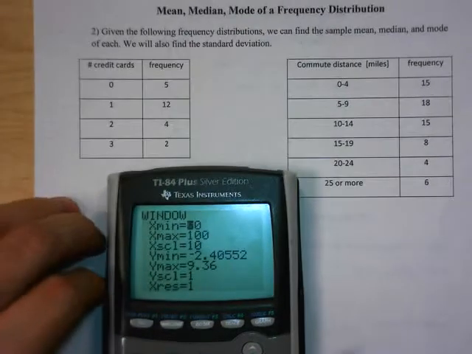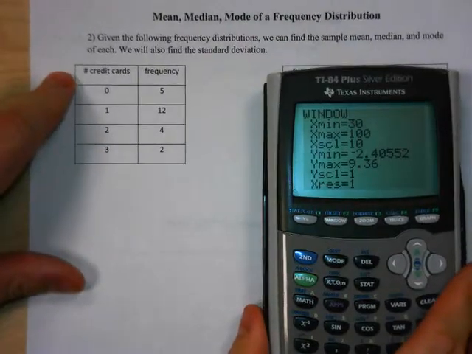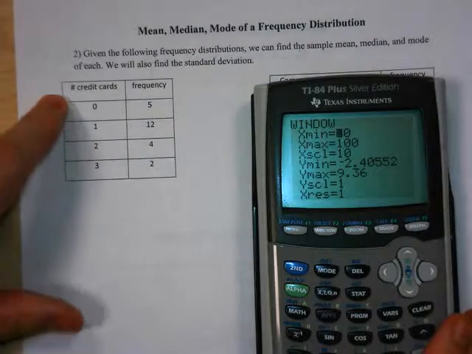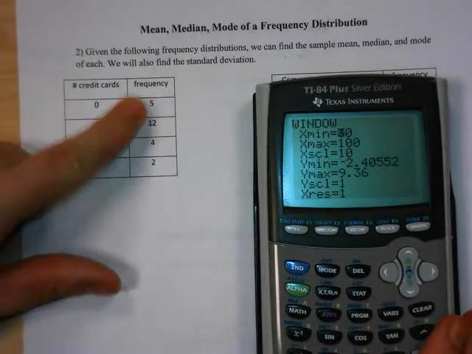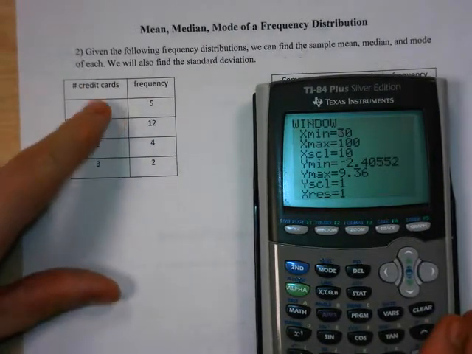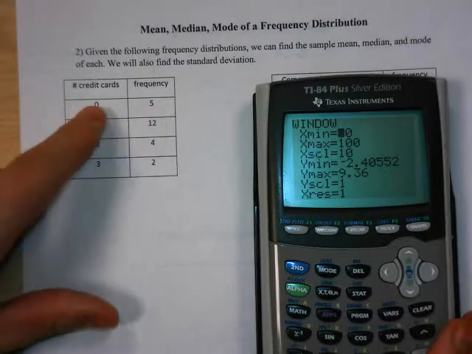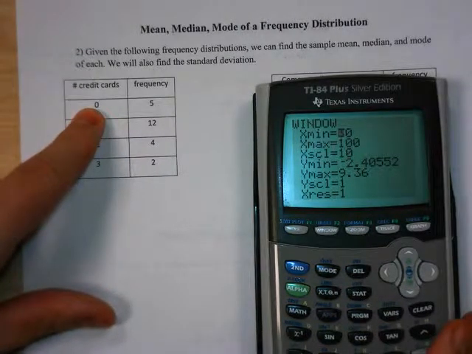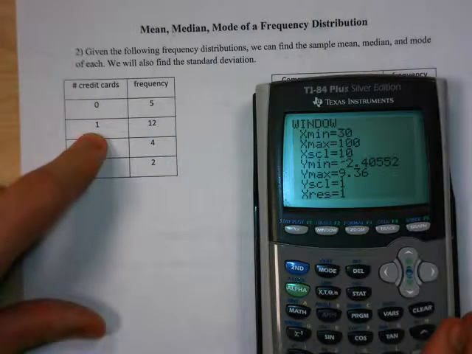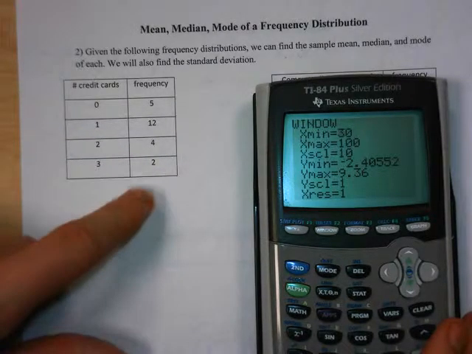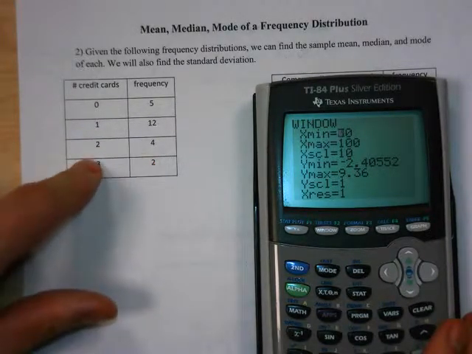I have a basic example: suppose the students in class were asked the number of credit cards they carry and the corresponding frequency. The first row means that 5 students carried 0 credit cards. 12 students carried 1 credit card, 4 students carried 2, and 2 students carried 3 credit cards.